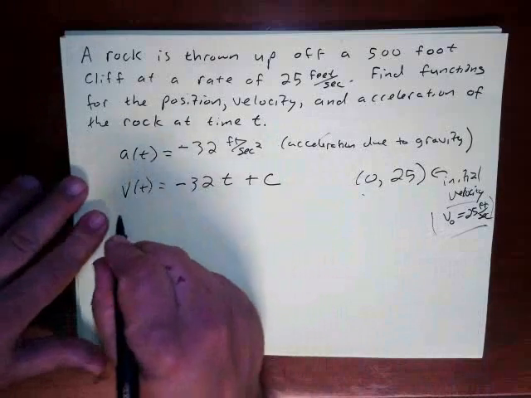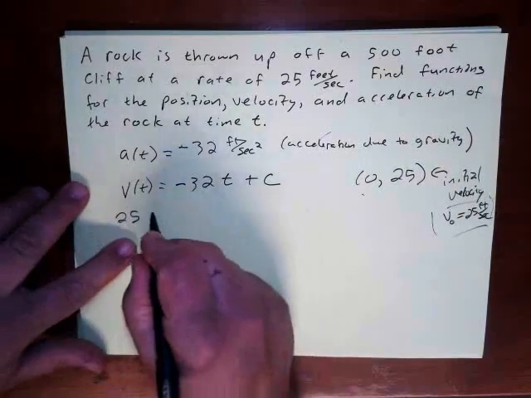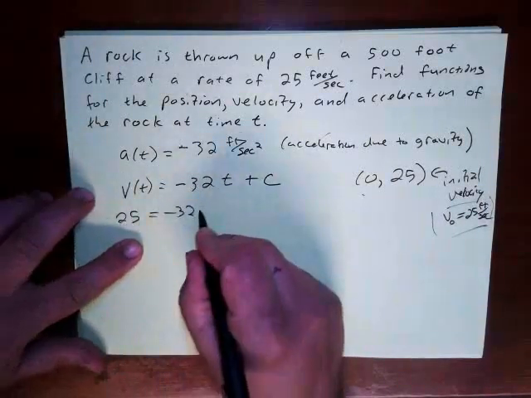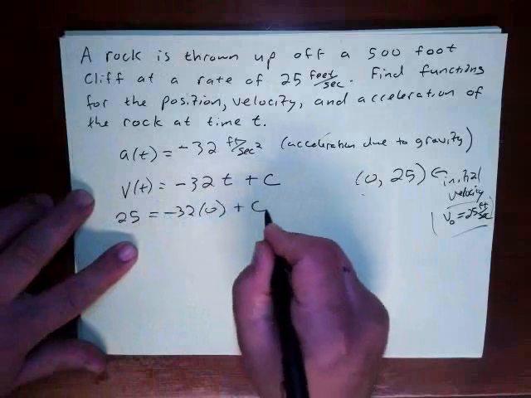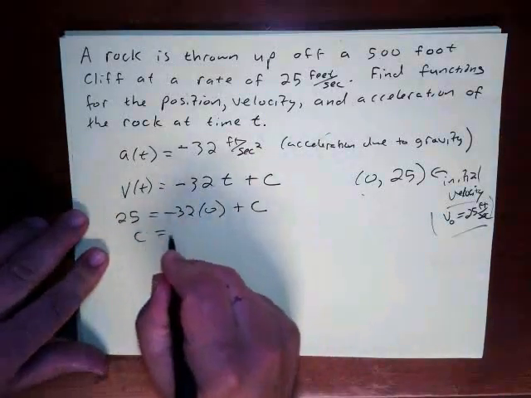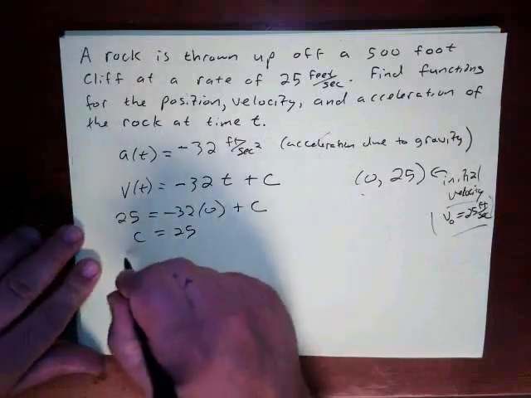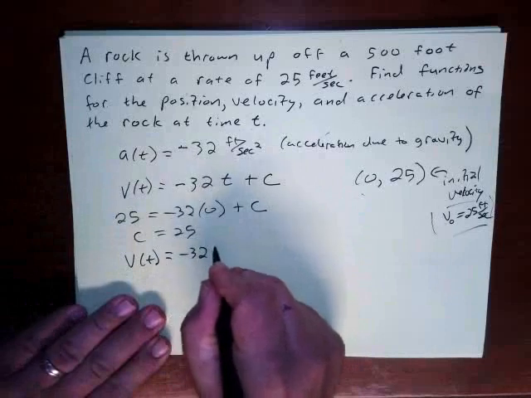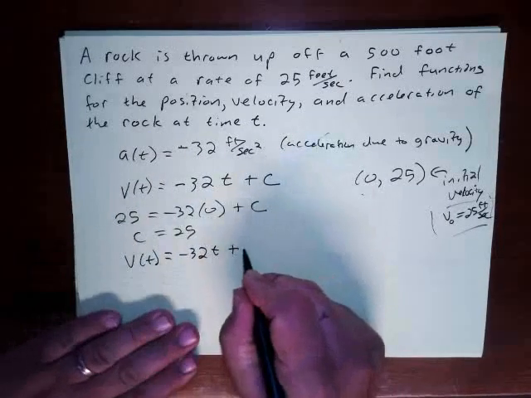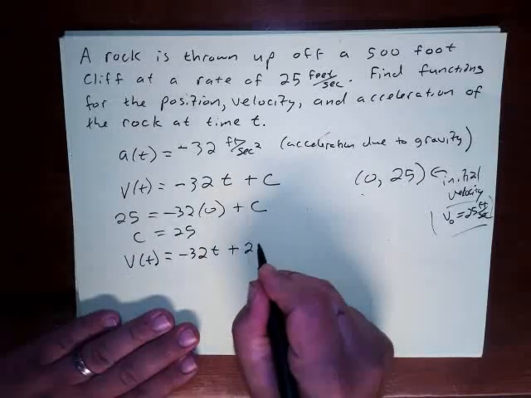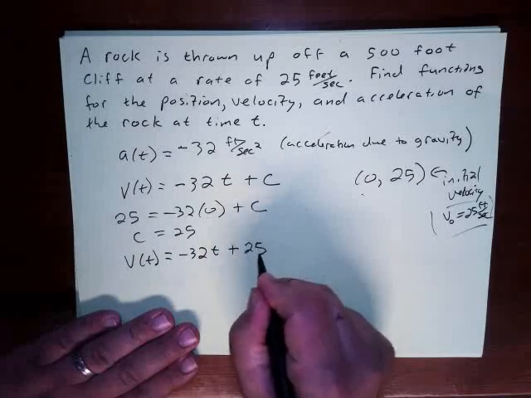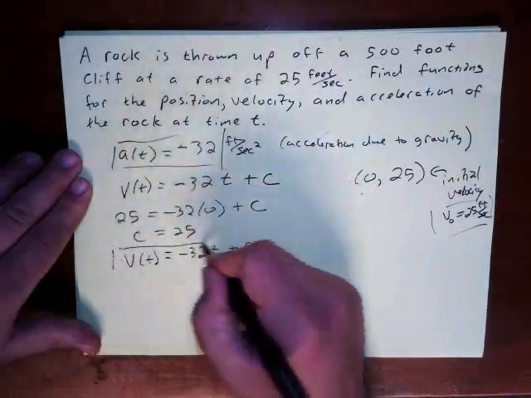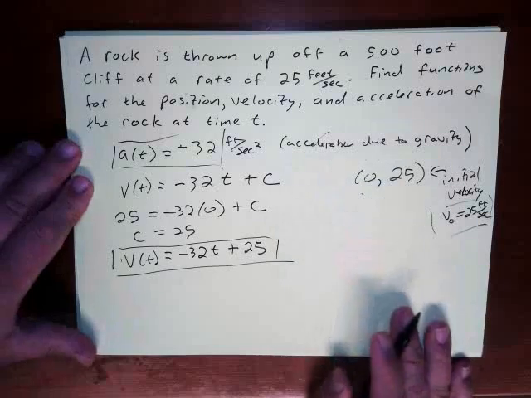When I put in 0 for t, I get 25 for my initial velocity. And this is pretty easy because then I'm just given that c has to equal 25. And so now I know my velocity function is negative 32t plus 25. So this is my acceleration function, this is my velocity function, right?